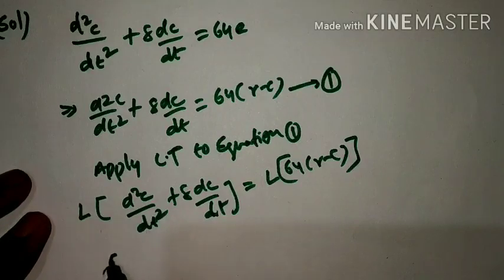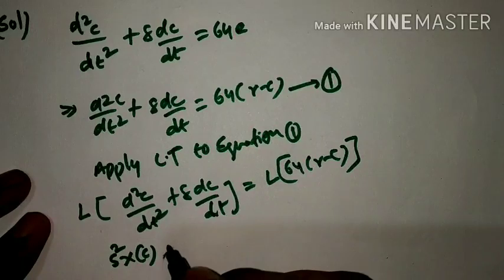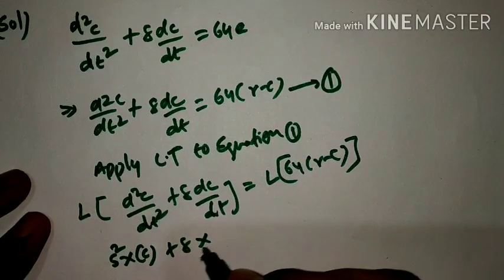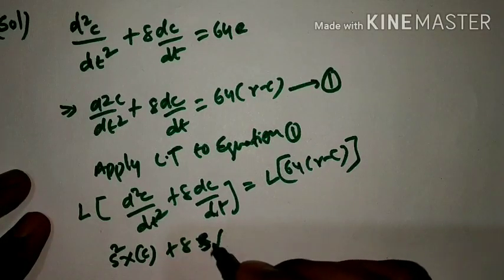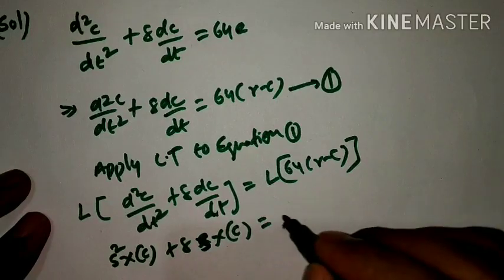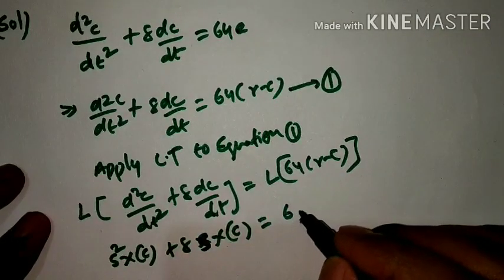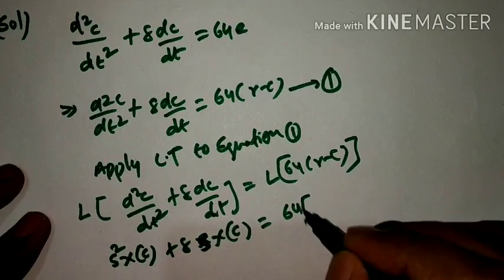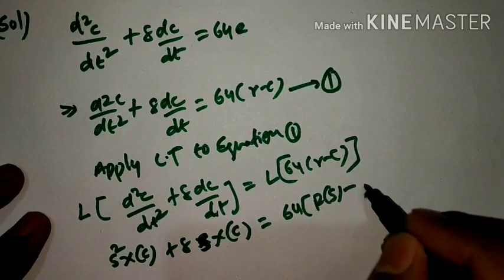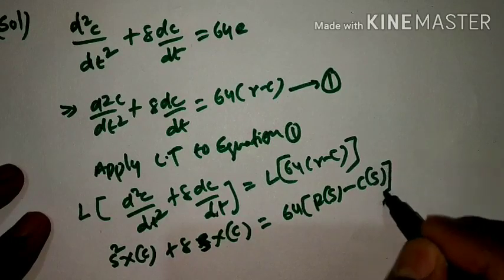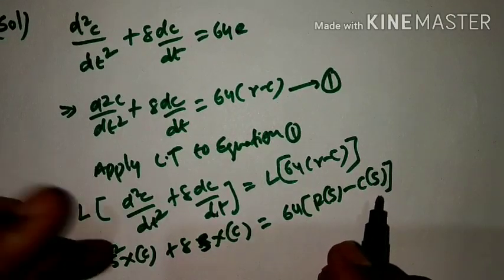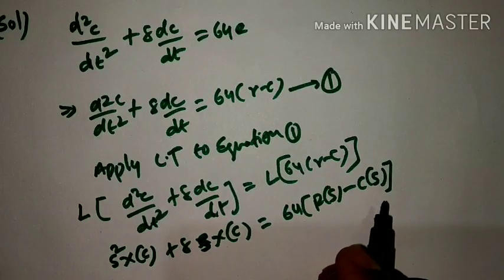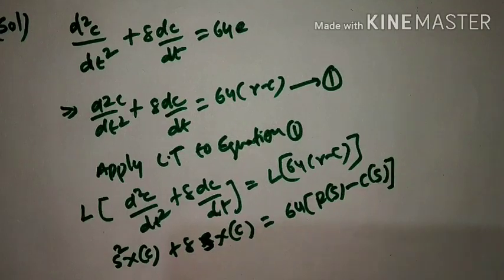So this will be s square C of s, plus 8s C of s, is equal to 64 R of s minus C of s. Okay, actually you have to find C of s by R of s from this equation.